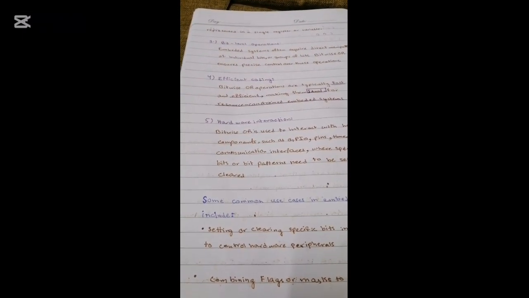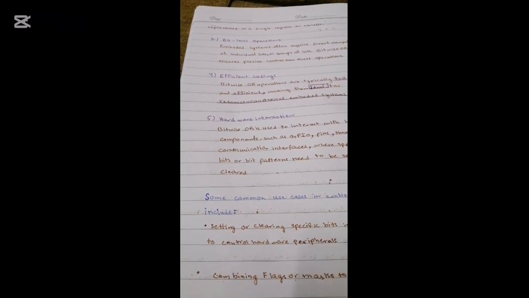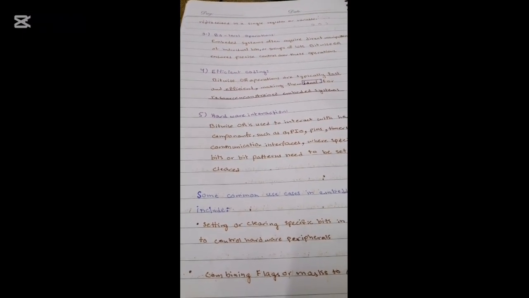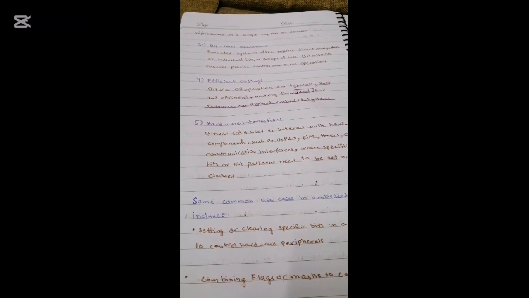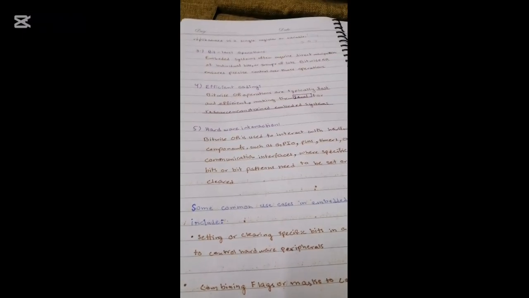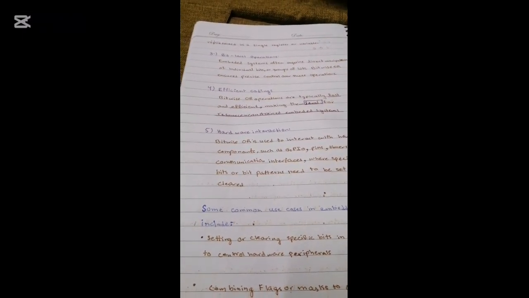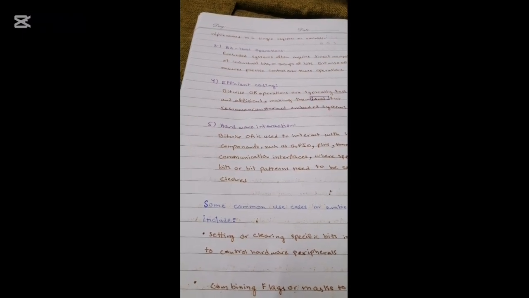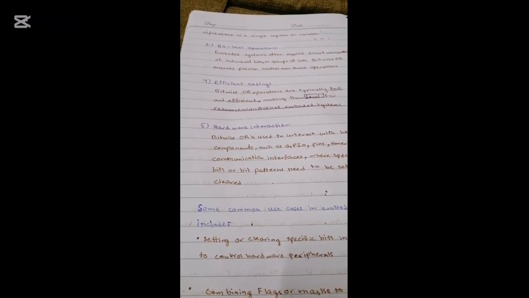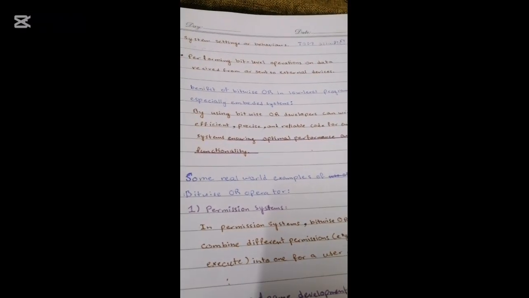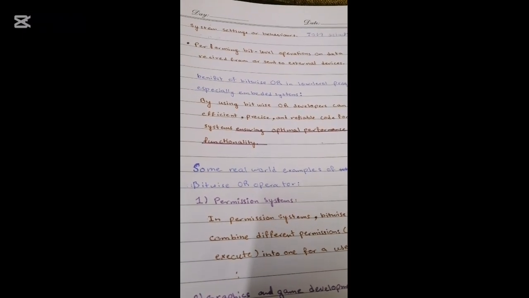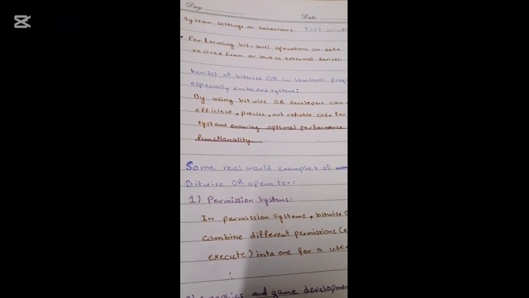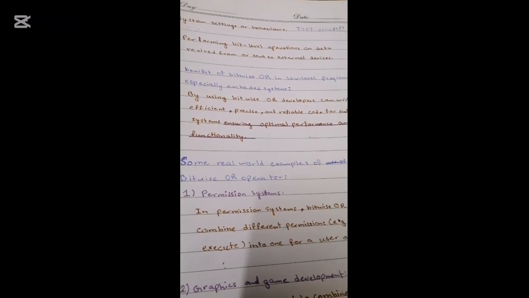After this, you can see that I have provided some common use cases or scenarios in embedded systems for OR operator. So basically I have shown you where you can use bitwise OR operator in embedded systems.